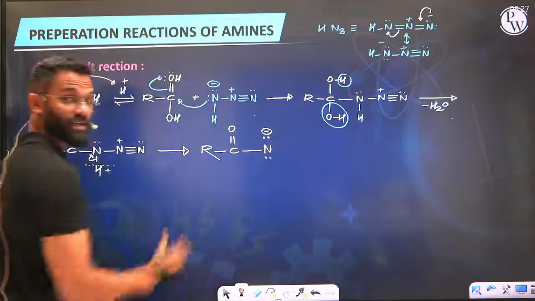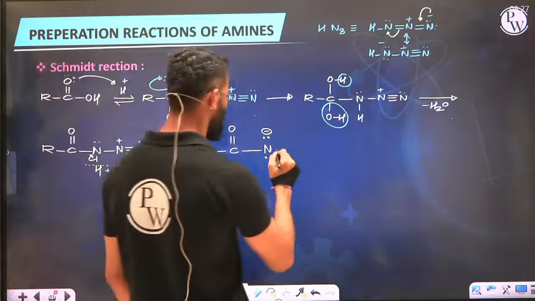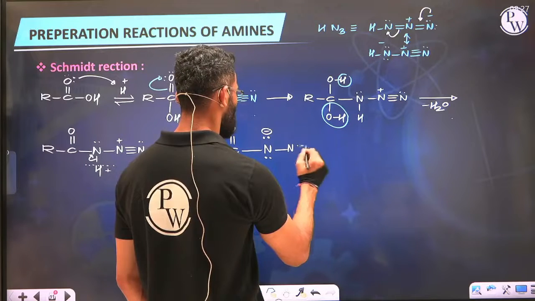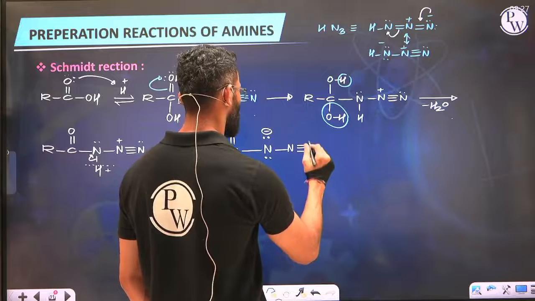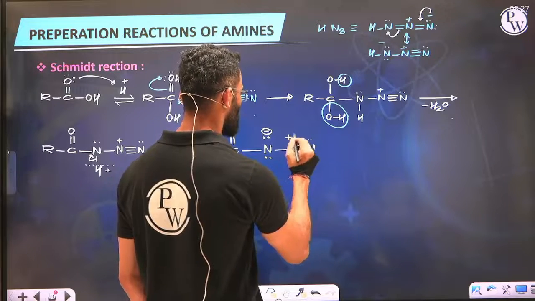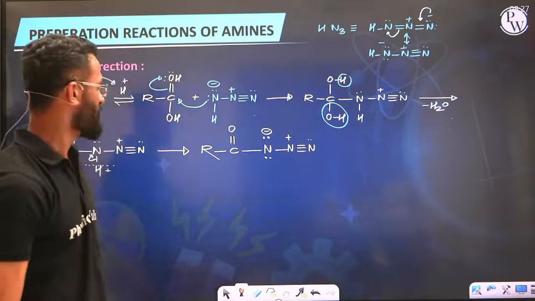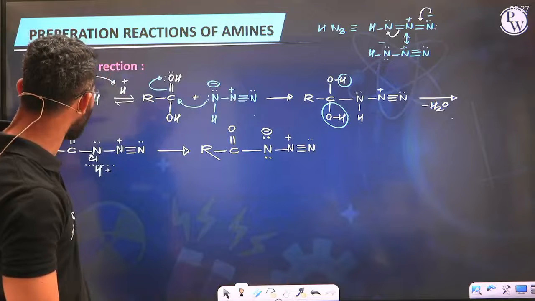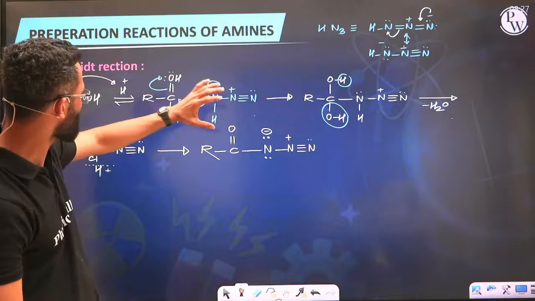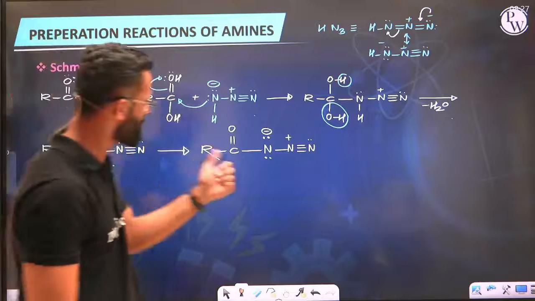So that is again nitrene, and carrying the best leaving group, that is N triple bond N, with 1 lone pair and positive charge.